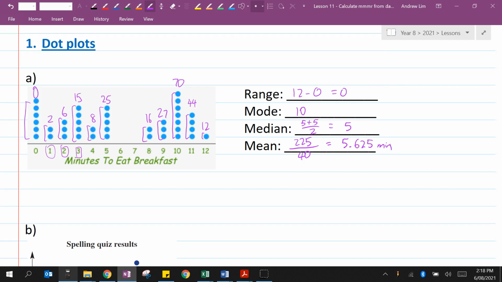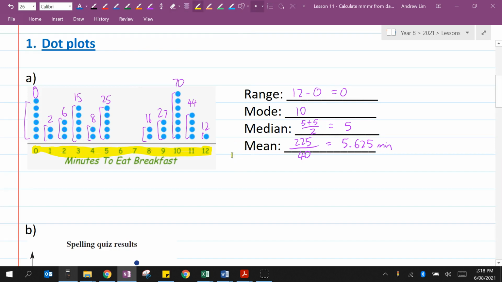Now, just remember, your mode, median, and mean needs to be somewhere between 0 and 12. If you get a number that's outside of this range, then something is wrong. If you get a mode that is 17, but there's nothing here with 17, that doesn't make sense.